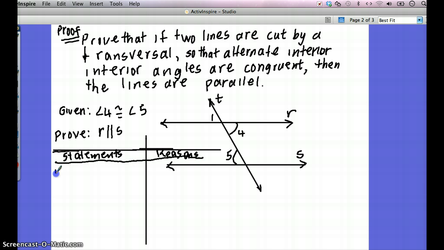You know very well how we start. We're going to start with the given. Angle 4 is congruent to angle 5. The reason for that is it's given.